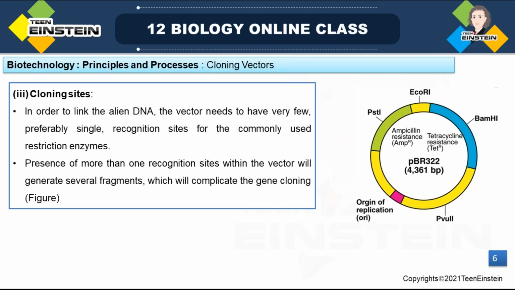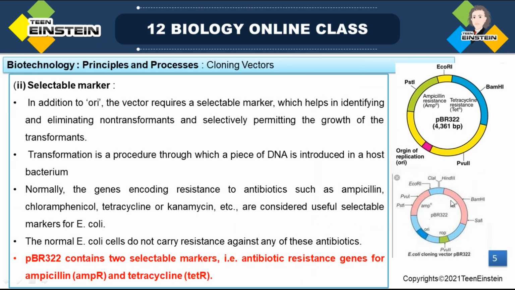So here in this picture you can see pBR322. Here again we are talking about pBR322, and EcoRI, then BamHI. These are the recognition sites. In the previous part we learned that it is having two selectable markers which are antibiotic resistant genes.